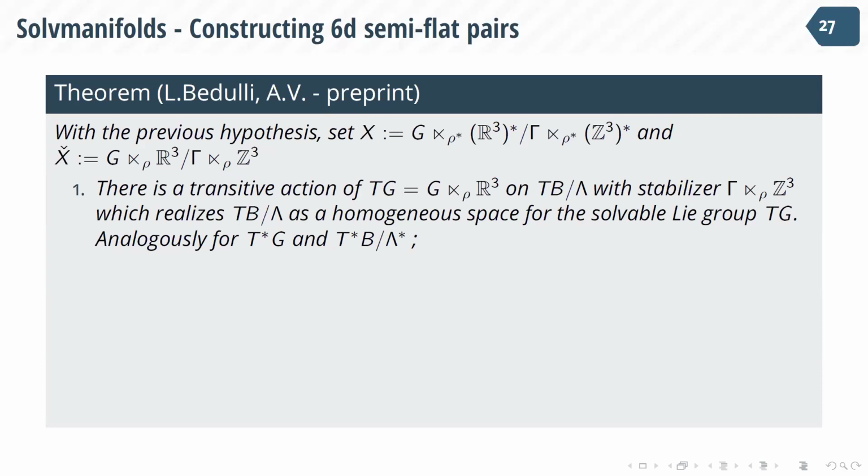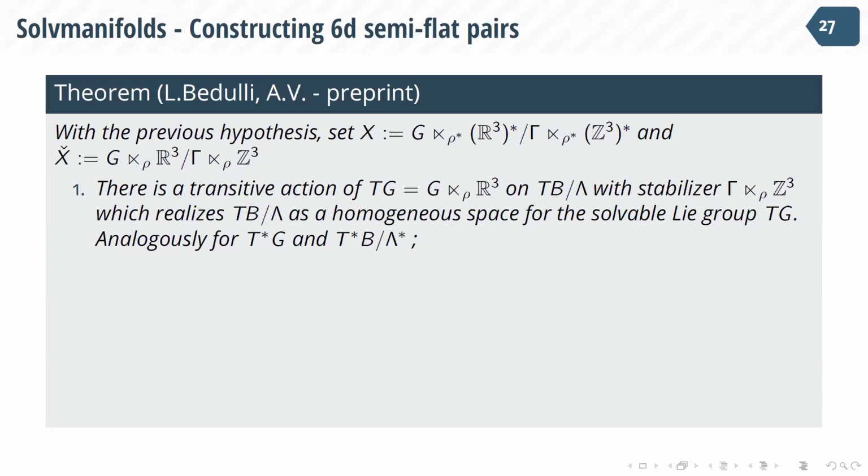This lattice lambda is induced by the affine coordinates, and this action has as stabilizer precisely the lattice defined above, and this realizes the quotient manifold TB mod lambda as a homogeneous space for the solvable Lie group TG.